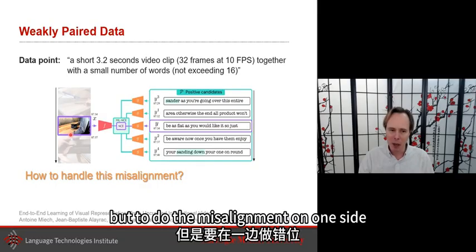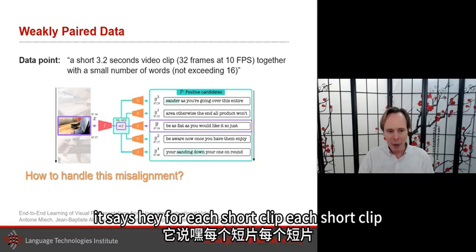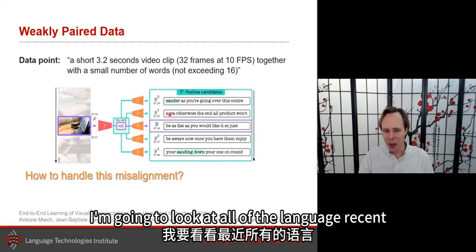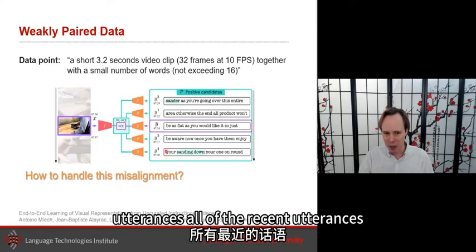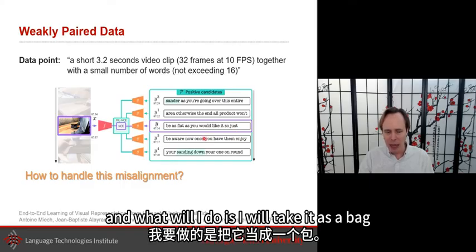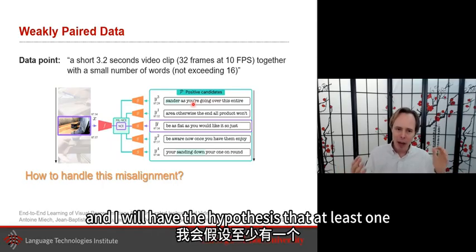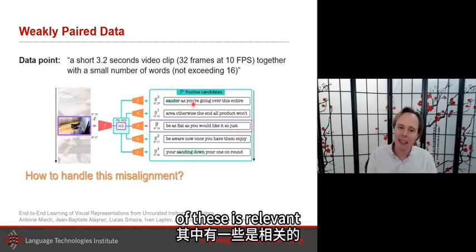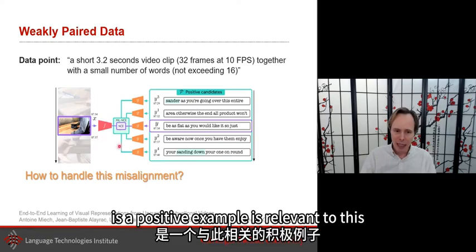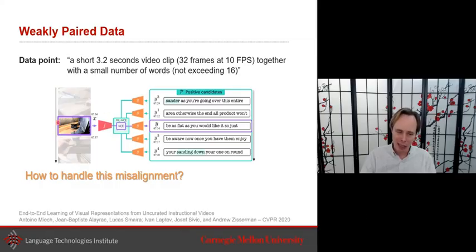But to do the misalignment on one side, it says, for each short clip, I'm going to look at all of the recent language utterances, take it as a bag of utterances, and have the hypothesis that at least one of these is relevant, is a positive example, is relevant to this video.